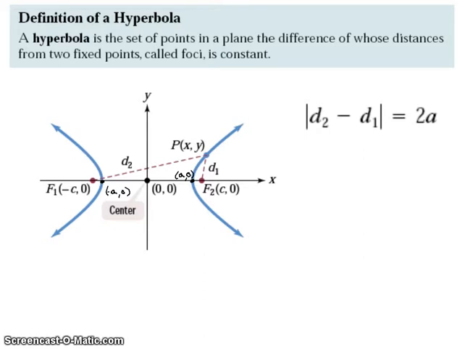So, in other words, what they're telling us here is that if we go from the focus to a point on the hyperbola, to the other focus point, then if we subtract those two distances and take the absolute value of them, we will end up with 2 times a. a is the distance from the center of the hyperbola to the vertex.